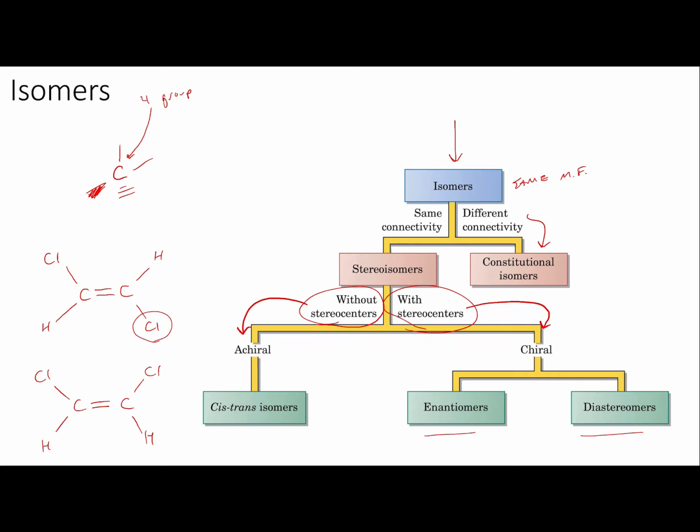The Cl is down in this one and it's up in this one because this double bond cannot rotate. But if it could, we could see that it would put the H back up and the Cl back down if it could just turn, and then it would be the same. These have no stereocenter. The carbon here has 2 bonds to carbon. It needs to have 4 unique bonds for it to be a chiral molecule.